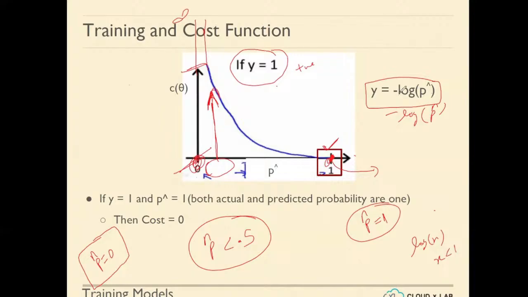So to make it positive, we have taken the negative here. Because inside this log function we are using p hat, and p hat is a probability value, and probability always lies between 0 and 1, right? This probability cannot go beyond 1. So the log of such a value will be negative, and to make it positive, we are taking the negative, so that we can have a positive cost function, right? Any other doubt?